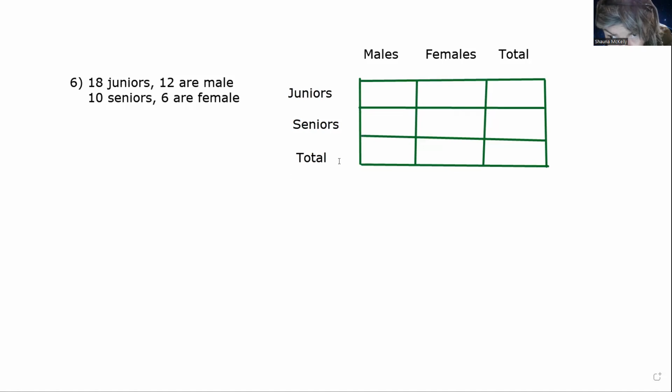So we go to the total of juniors, and we know the total is 18. So we're going to put 18 over here. There's 18 junior, and there's 10 senior. Now, 12 of the juniors are male. So 12 of this total 18 are male.